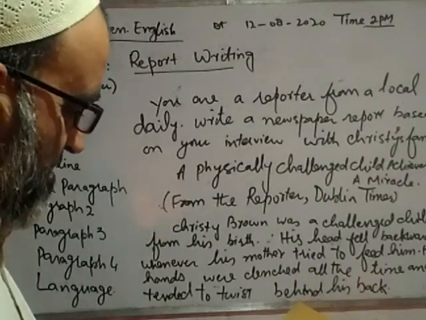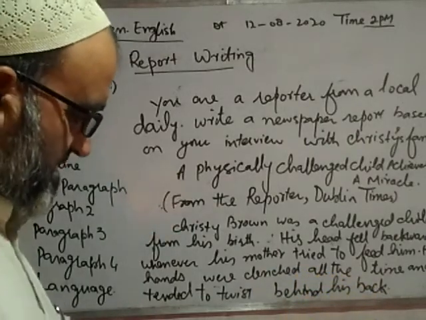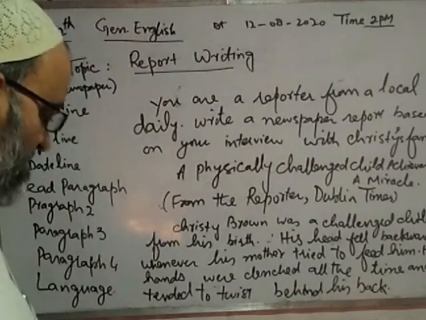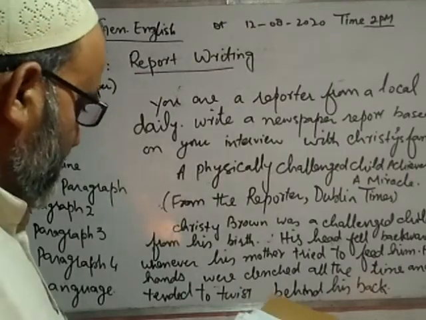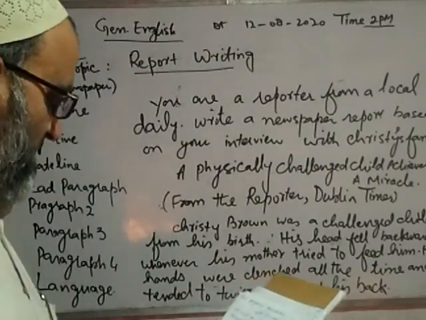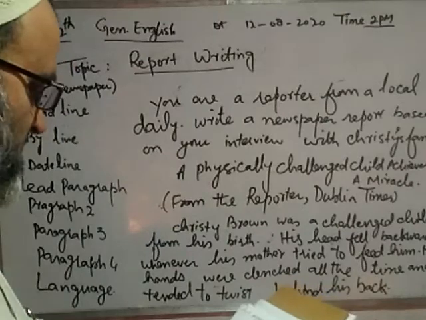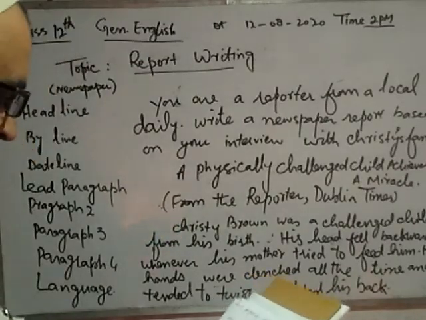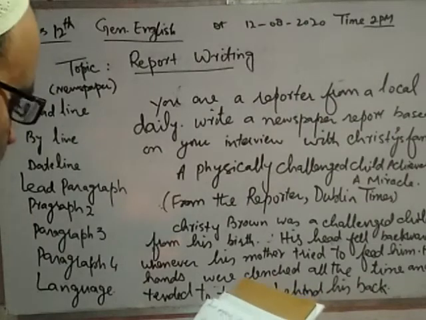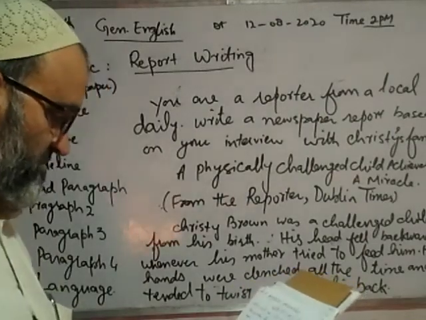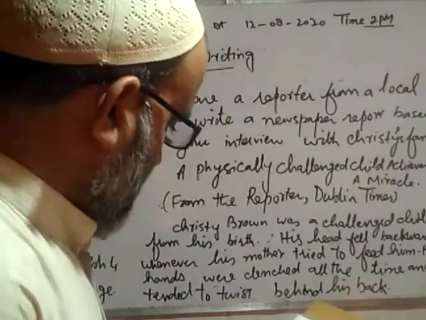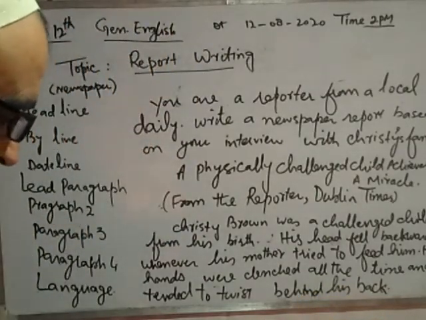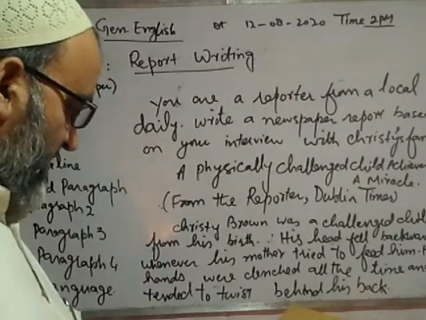Christy snatched the chalk from her and caught it tightly between the toes of his left foot. He also wanted to write. He felt stunned. He felt surprised. Christy's mother noticed it, observed it. She wrote letter A on the floor and asked Christy to copy it.